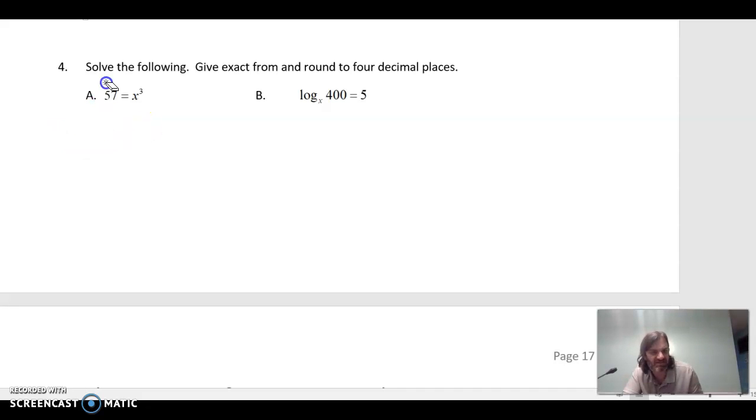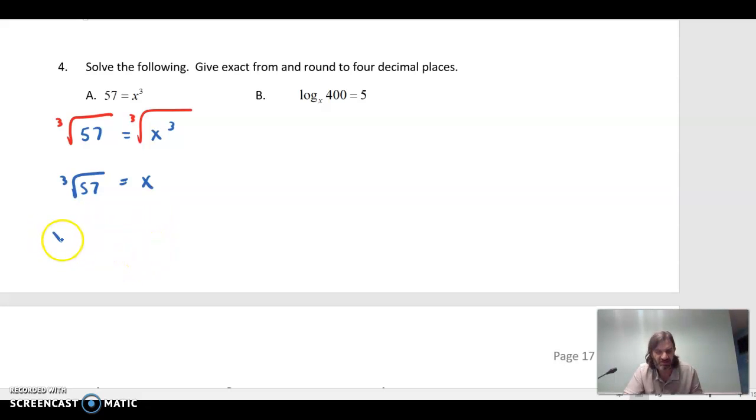But what you can do is take a cube root of both sides to get rid of that cube on the x. So x equals the cube root of 57. So we'll do that in our calculator. And let's see what we get. We get the x is approximately 3.8485.